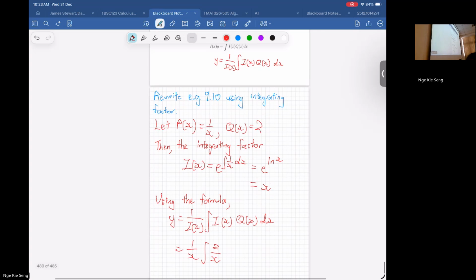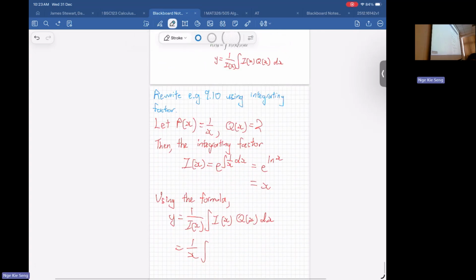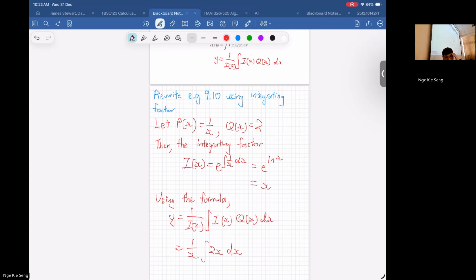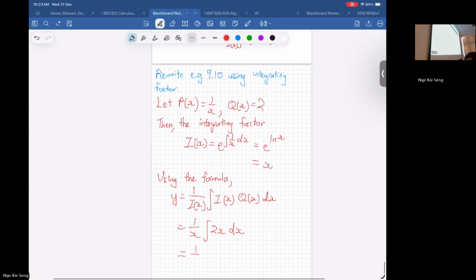I(x) times Q(x), so it's 2x dx. But then what is the integral of 2x? It becomes x squared plus c, so y is x plus c over x.